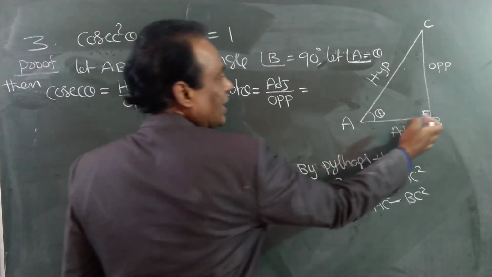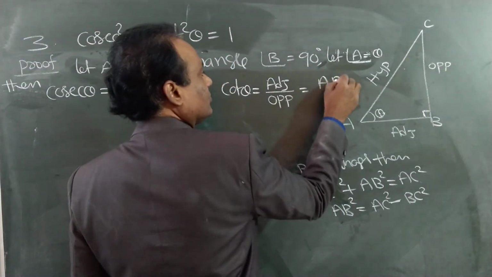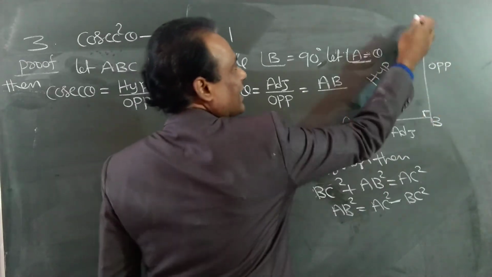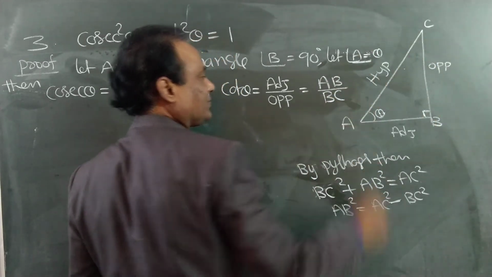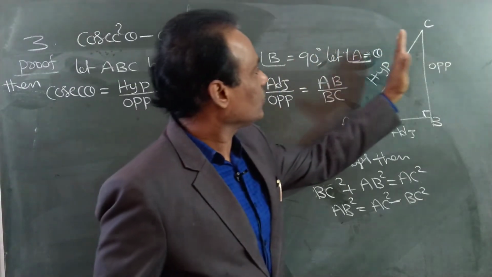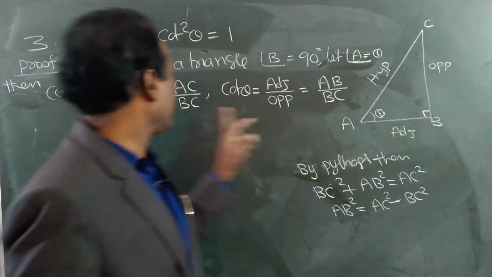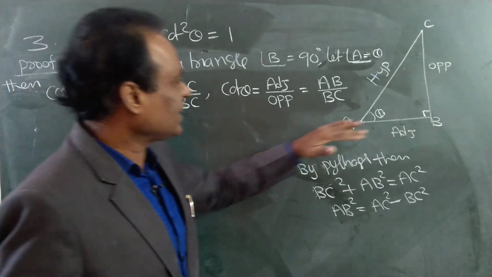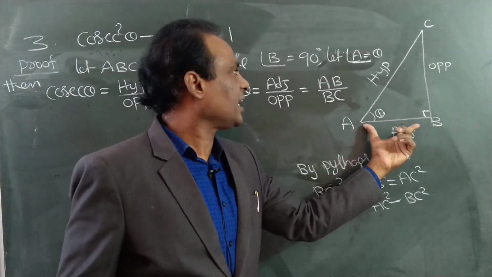What is the adjacent side? AB. The opposite side is BC. So cosecant theta is hypotenuse by opposite, AC by BC, and cot theta is adjacent by opposite, AB by BC.